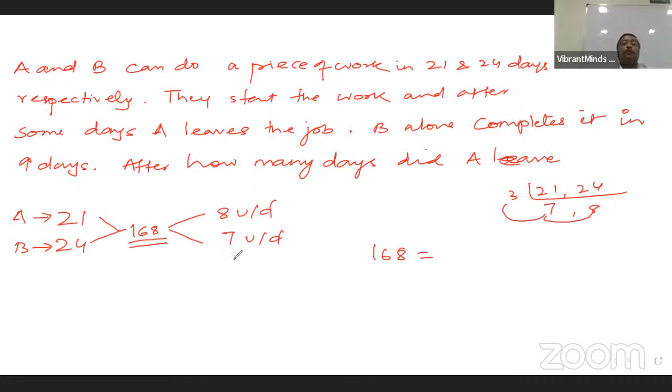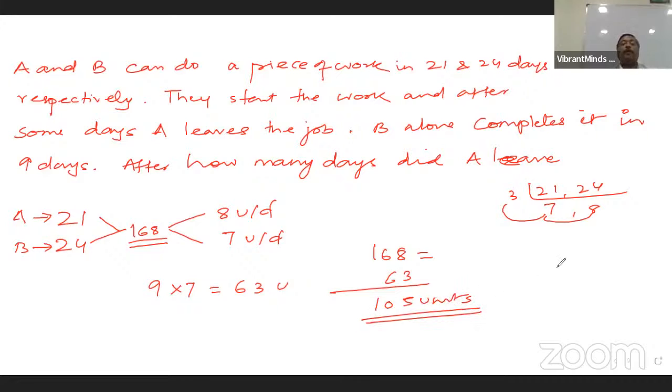So in 9 days, how many units B has completed, I will subtract from here. In 9 days, he has completed how many units? That is 63 units. I will cancel out and it will give me how much? 105 units.